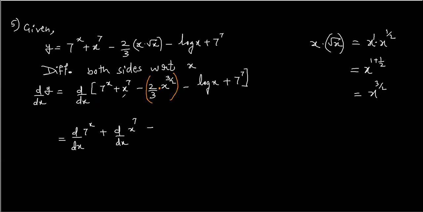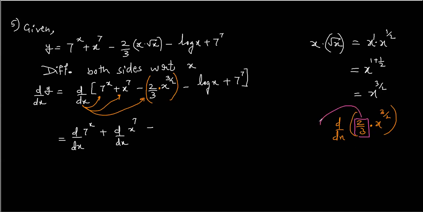Okay. So when I write d by dx of this, remember students that 2 upon 3 is a constant multiplied to x raised to 3 by 2. As I am writing derivative of all the terms, I would be writing derivative of this. But I notice that in this 2 upon 3 is a constant multiplied with x raised to 3 by 2.